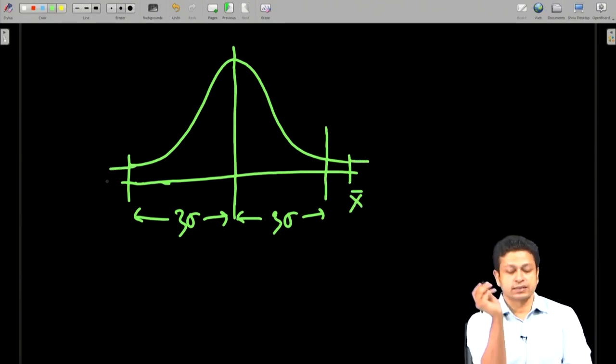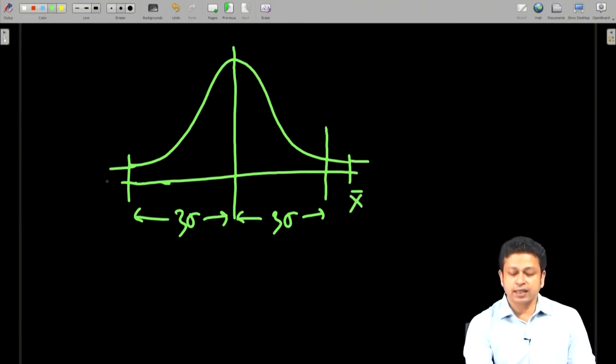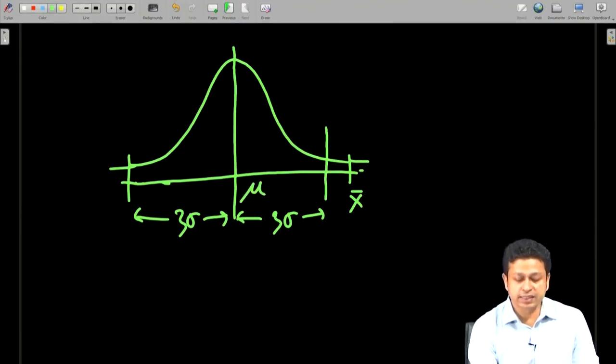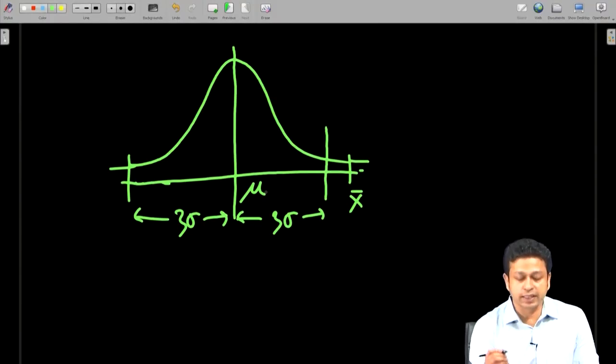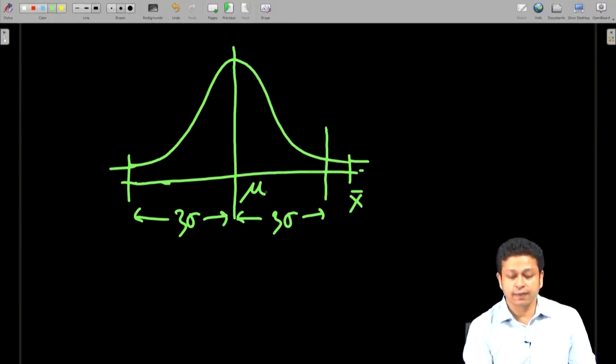So, as I said previously, I can say whether x bar is representing mu, and that depends on two things. One is the distance, and second is the frequency of occurrence, okay.